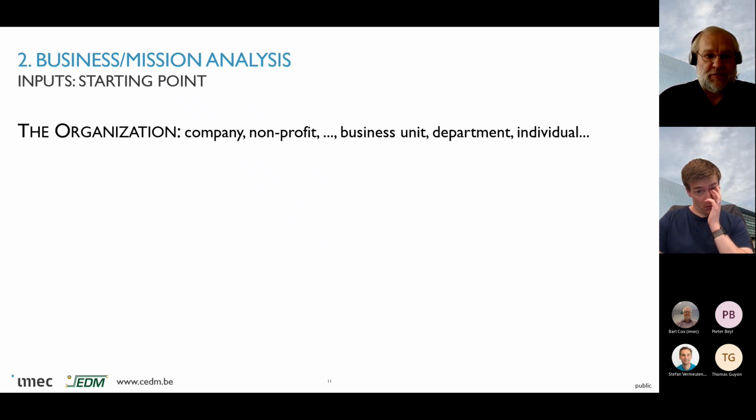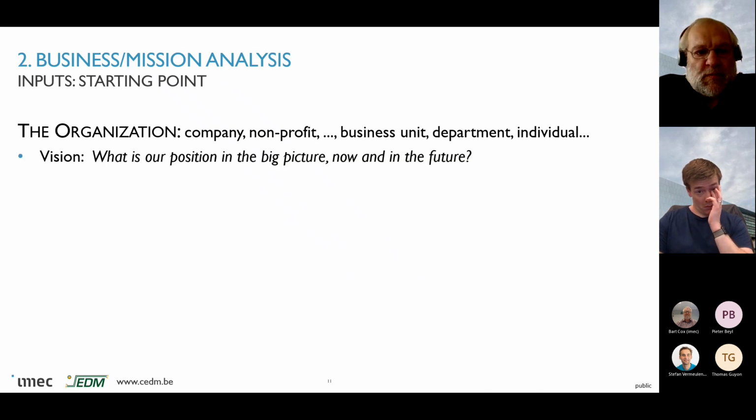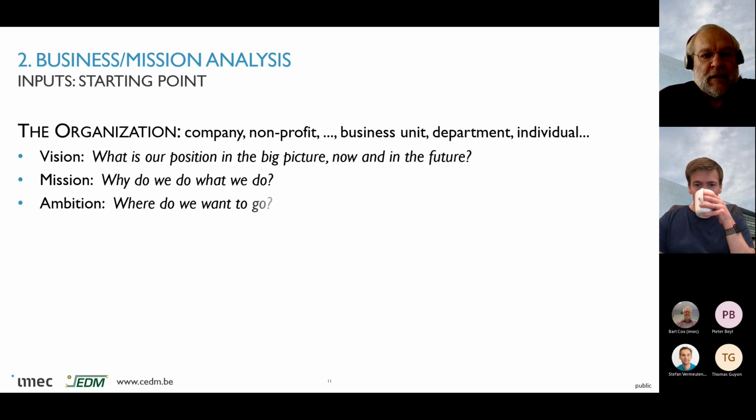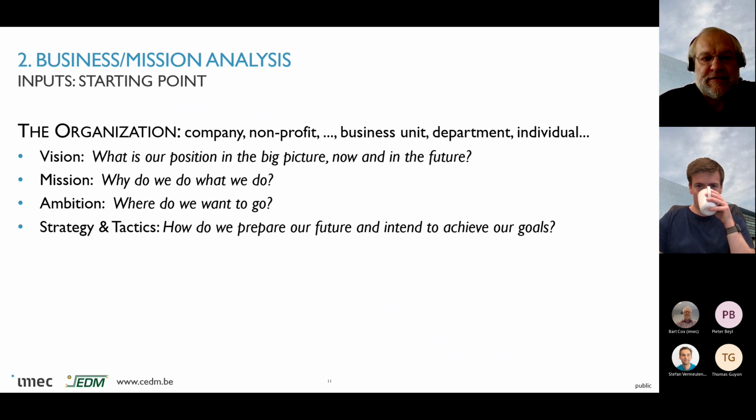These aspects are, first of all, the vision of that organization. What is the vision of the organization on how it has positioned itself in the world, in society, in the big picture? What is its mission? Why do we do what we do? What is the ambition? Where does the organization want to go? What is its strategy and tactics?